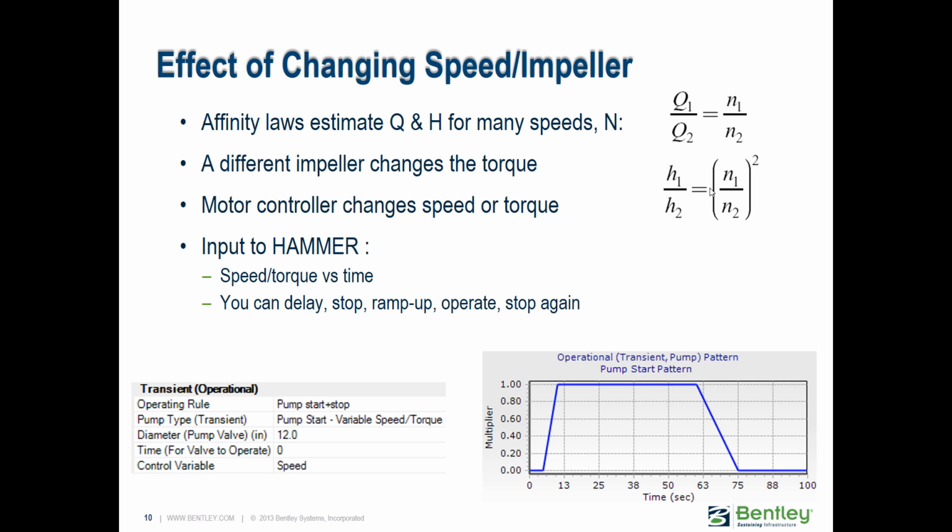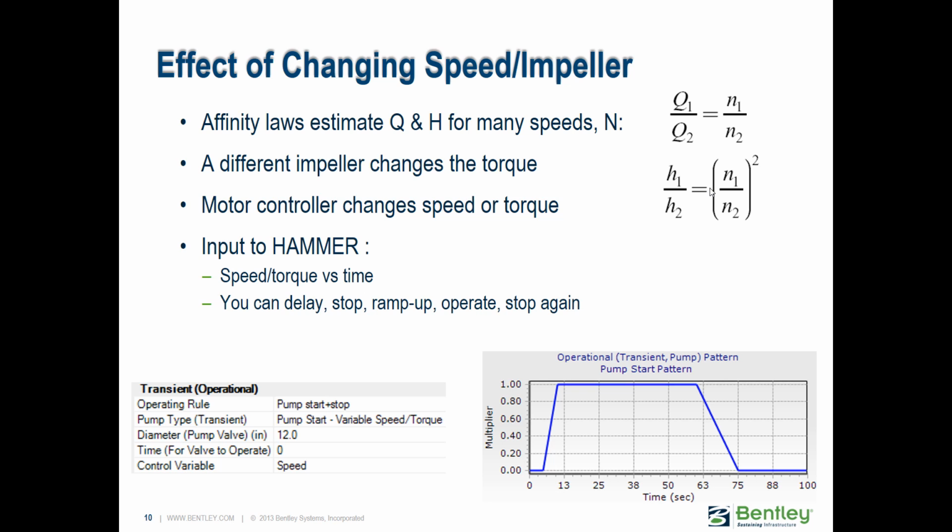Now a different impeller will also change the torque, and the motor controller also changes the speed or the torque. So in HAMMER you can either enter a speed or a torque versus time, a pattern, if you're changing either of those two over time.